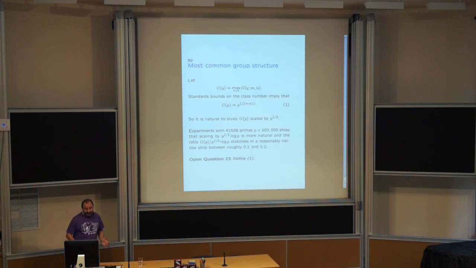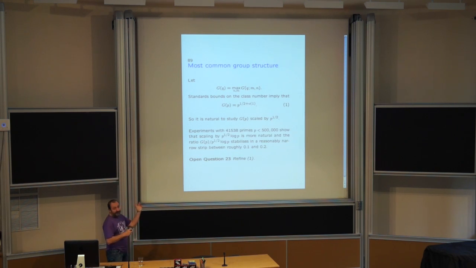Having done this, we decided to study what's the most popular structure. Namely, this function g of q, m, n tells you the number of curves with a prescribed group structure which is controlled by m and n. At the moment, it's not even necessary to remember how m and n control the structure. Something which defines the structure uniquely.